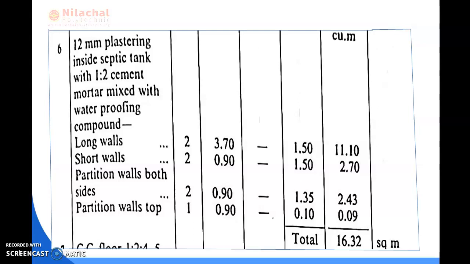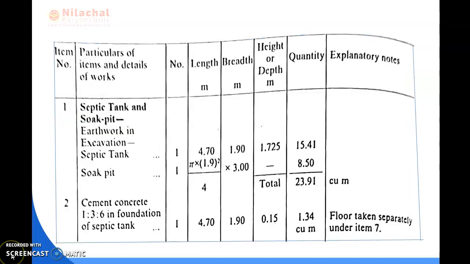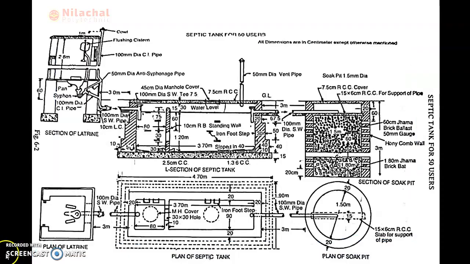In plastering of a septic tank, only the inner side needs to be plastered; the outer side does not need plastering. On the inner side, the length is clearly indicated as 3.70, so no further check is needed. The inner length of the septic tank is 3.70.